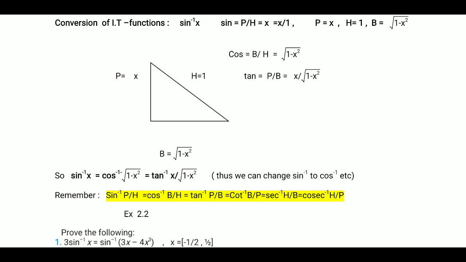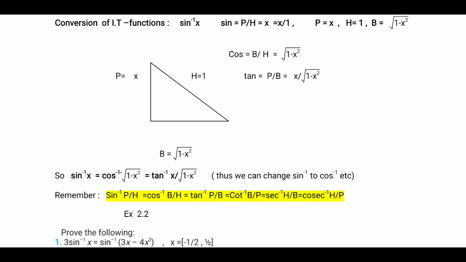Thus we see that sin inverse x is equal to cos inverse under root 1 minus x square, and that is equal to tan inverse x upon under root 1 minus x square. Thus we can change sin inverse into cos inverse, tan inverse, and like this way.